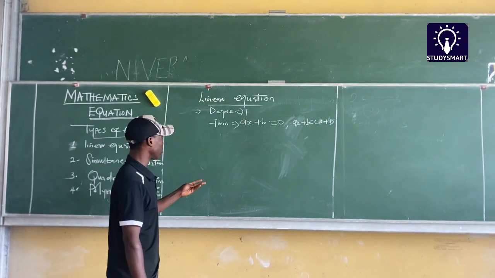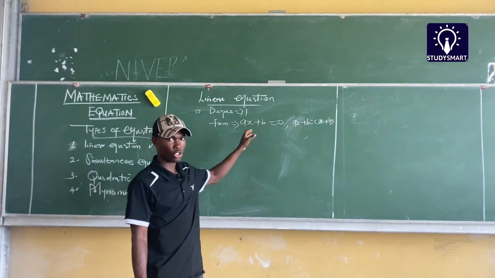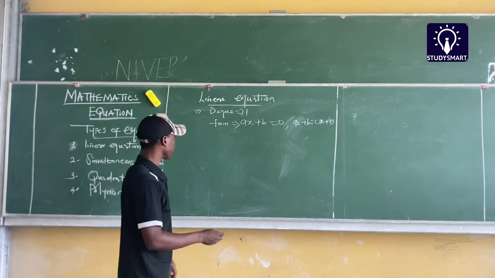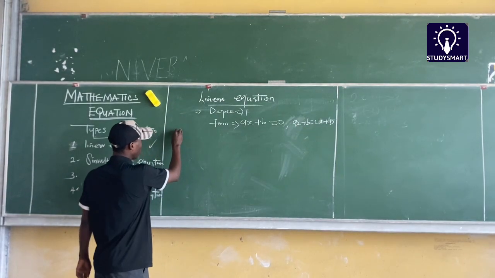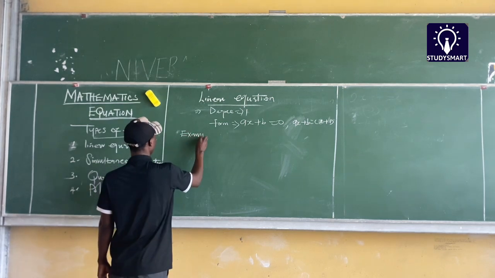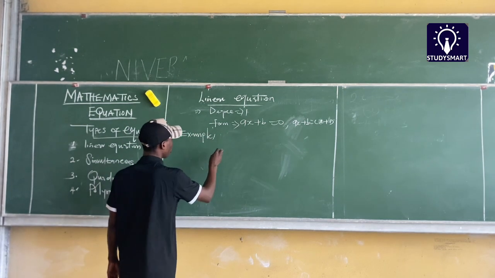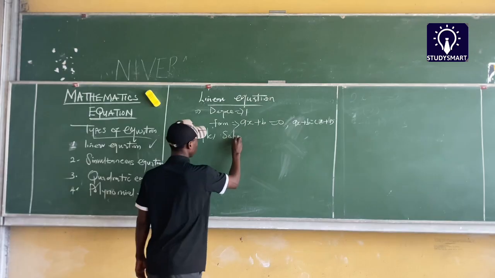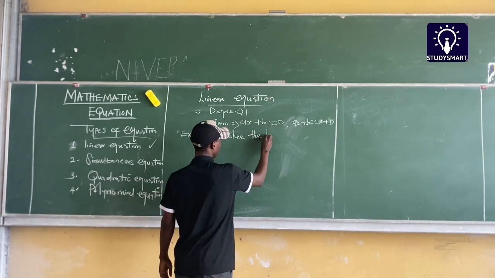And now we are going to take a more complex problem about the linear equation and solve it. All right, let's assume we have an example here, and the question says we should solve the linear equation.